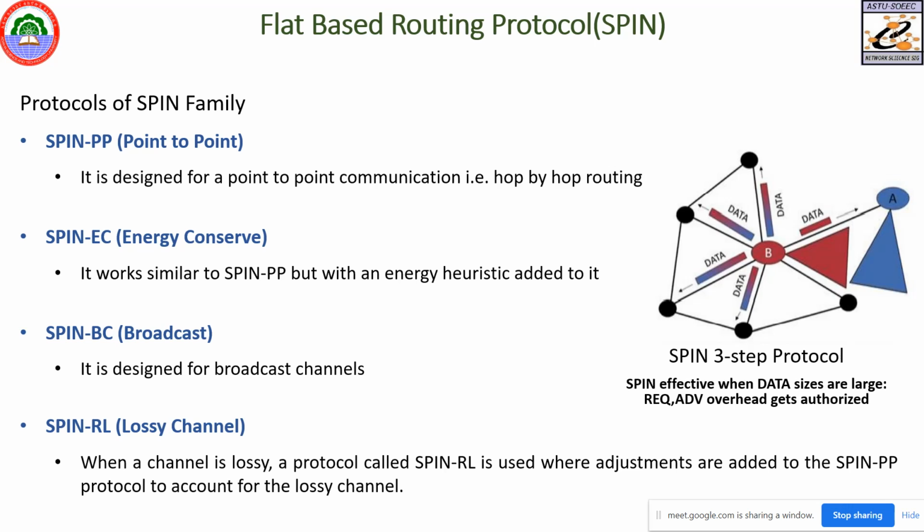It will not transfer any data packet once the energy has reached that threshold value. So that's why we are using this EC version of the SPIN protocol, which is useful in conserving the energy and tries to minimize the energy consumption of that particular node. So when multiple nodes are participating in the routing, this energy conservation protocol is useful.